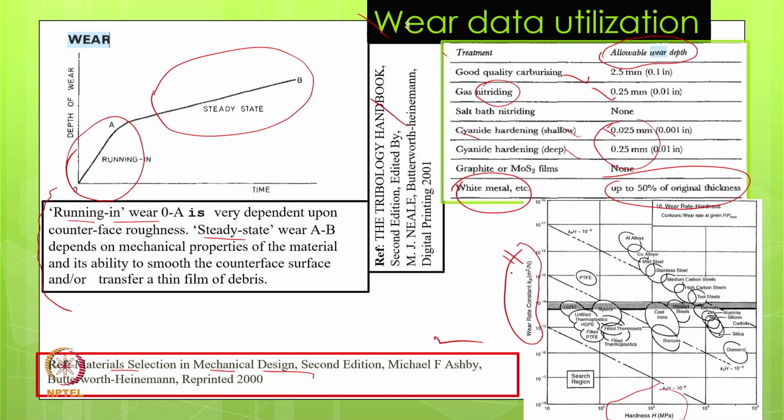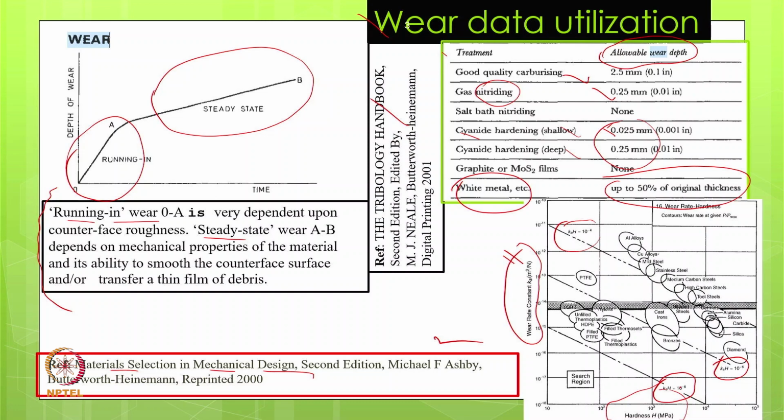Here you can see there are lines which say Ka, the wear constant, times H, and these lines are at 10 to the minus 8, 10 to the minus 6, 10 to the minus 4. So it gives the impression that we want the minimum K.